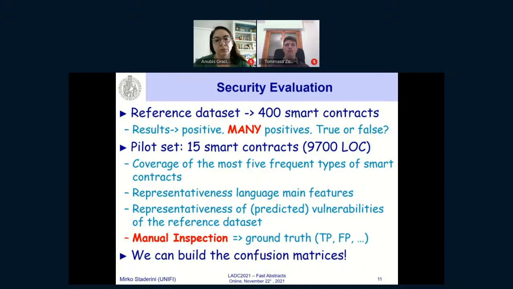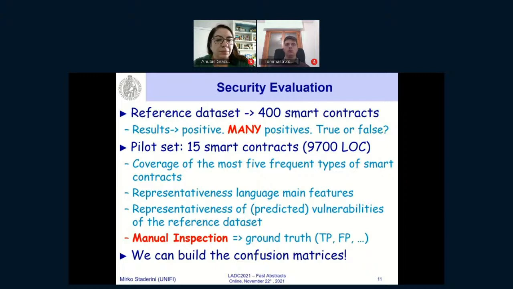These 15 contracts amount to 9,700 lines of code, and this subset covers the 5 most frequent types of smart contracts, for example game, gambling, bet, and so on. It represents the main features of the contracts, so all the loop instructions, for example, the usage of assembler, and some others.